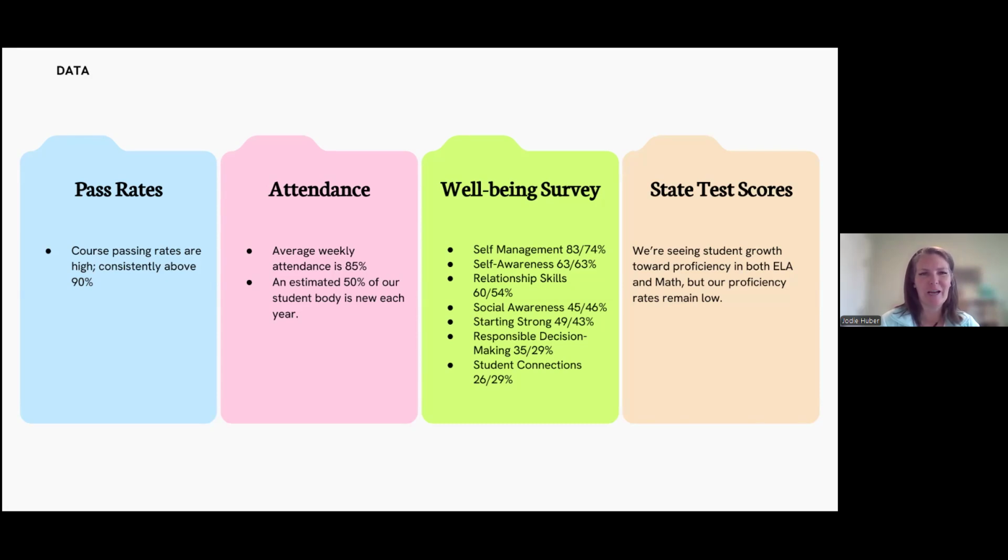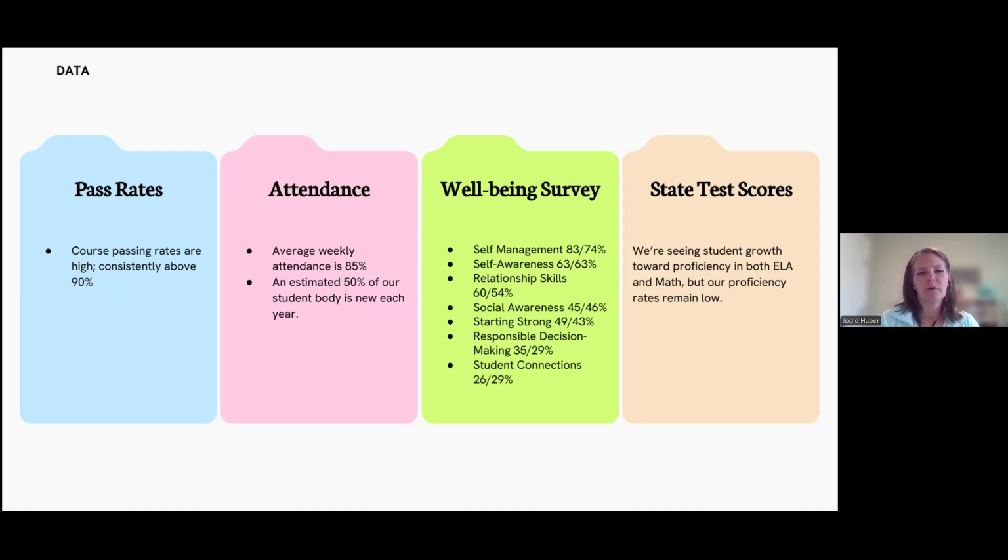That high mobility creates some barriers, which we see in our state testing scores. We see growth in our state testing scores, but overall they take a hit. And what we find is when we track students year over year that are with us, they improve and they do very well. But that 50% of new student body each year really reflects not only in our school data, but also in some of the barriers that we are trying to address.